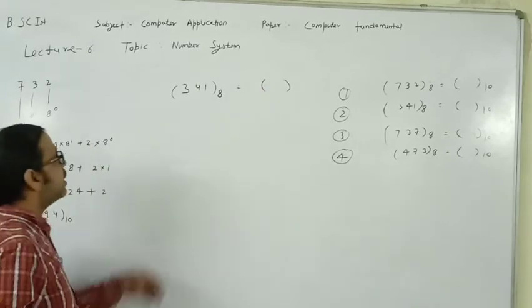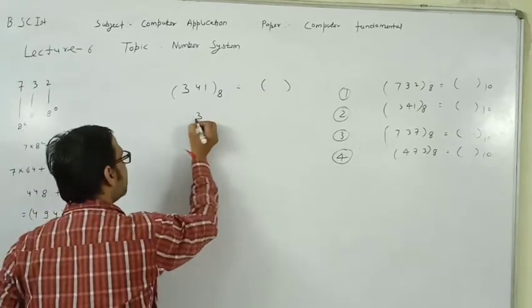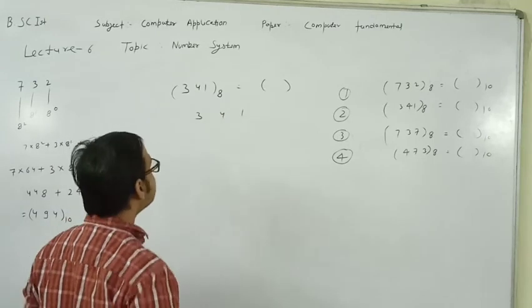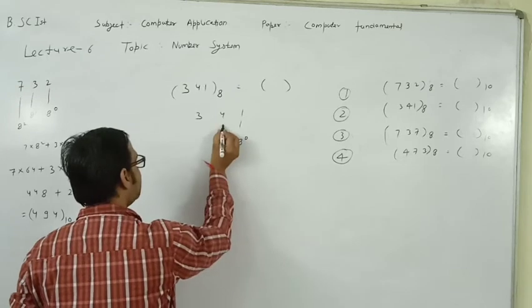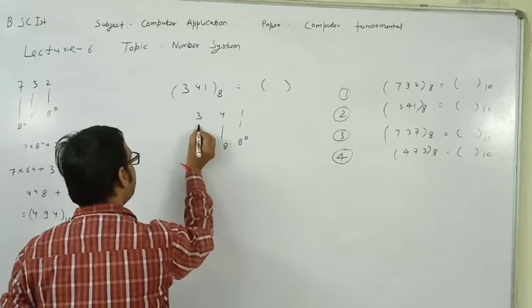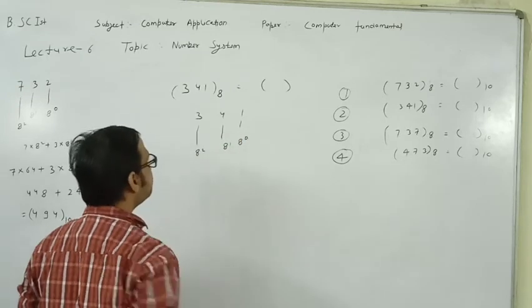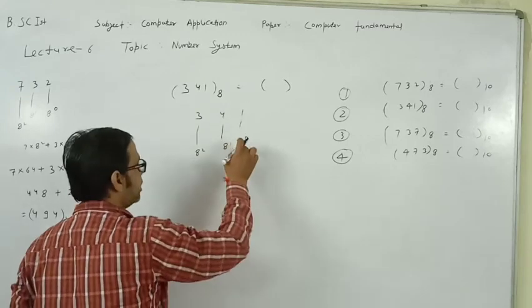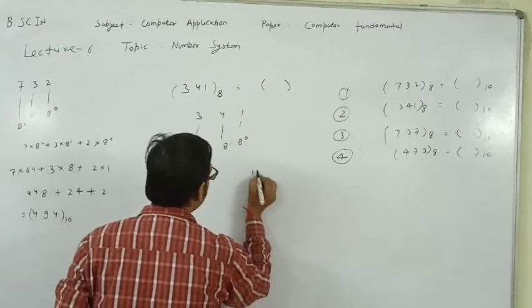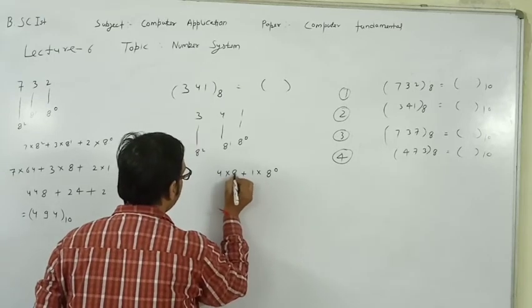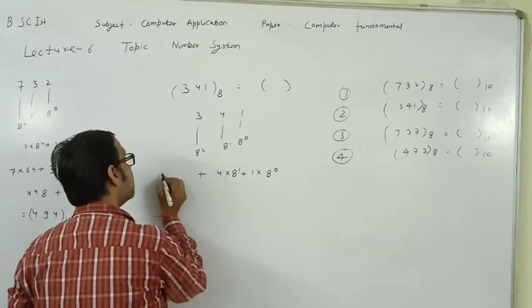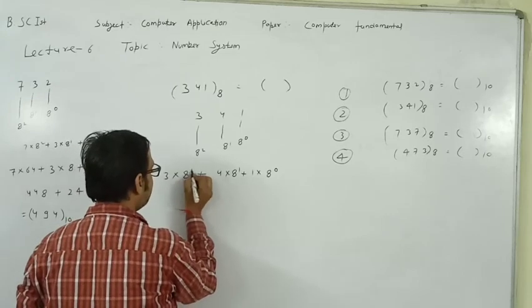Write the number here, 341, and take the power of base. This one is 8 power 0, this is 8 power 1, this is 8 power 2. Now multiply it with its place values: 1 into 8 power 0 plus 4 into 8 power 1 plus 3 into 8 power 2.